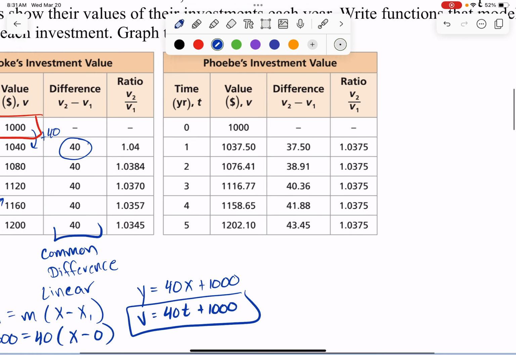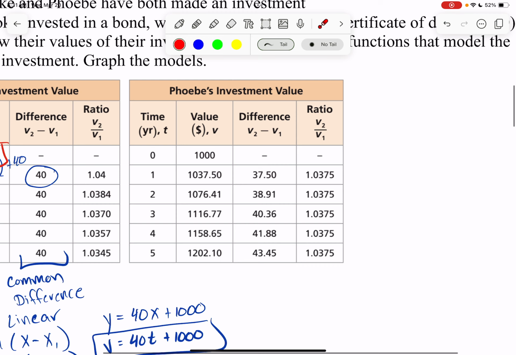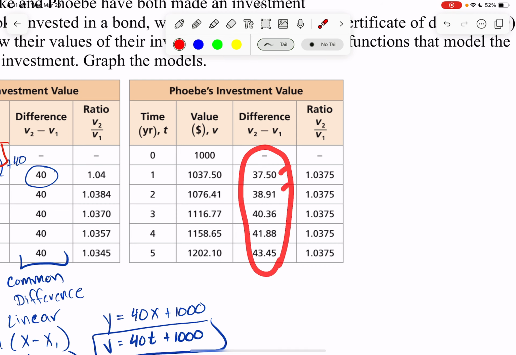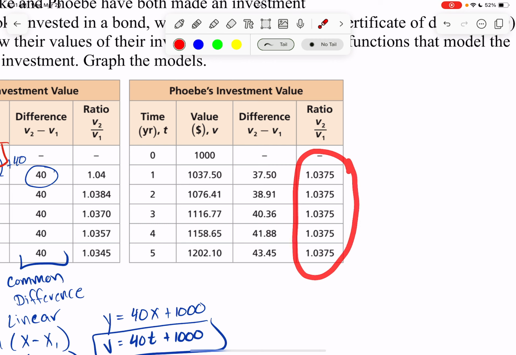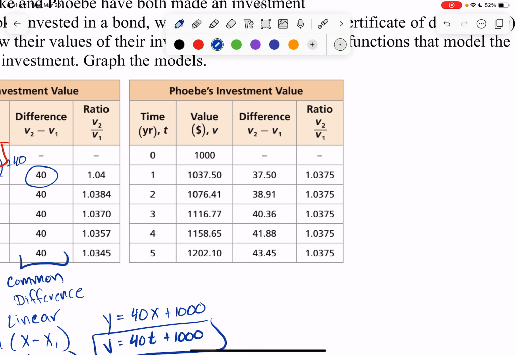Okay. All right. The next one, they give us, it does not have a common difference. Each one of these is different. But it does have a common ratio of 1.0375. So since it has a common ratio, I know that this is going to be exponential.